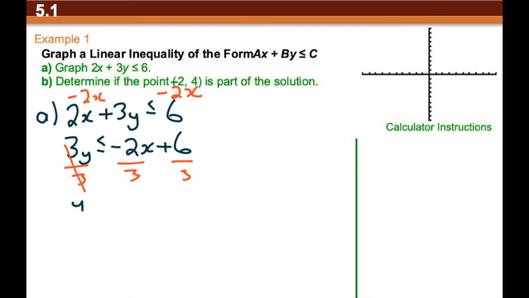So we have just y on the left now, is less than or equal to. We can't simplify negative 2x over 3, so we'll just leave it as is. But we can simplify 6 over 3, that is 2. So we'll turn over to the graphing calculator for the next bit.